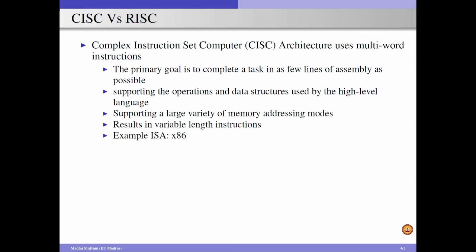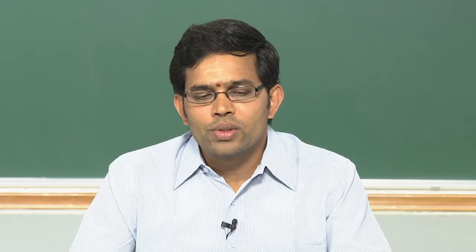To reduce the code size, we need to specify the task given by our high level programming language using as few assembly instructions as possible. So we need to encode too much information per instruction. To do that, we need to support the operations and the data structures used by the high level language. That's the reason why CISC architecture uses many addressing modes and also variable length operands.